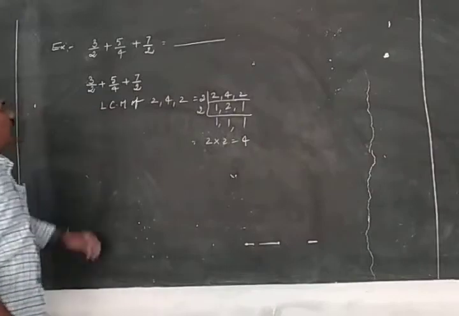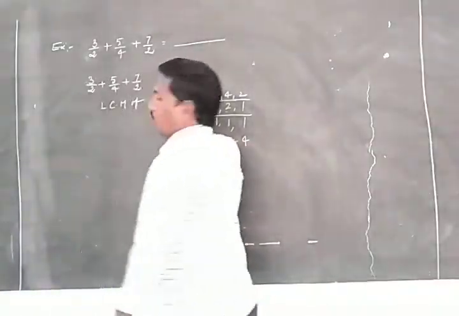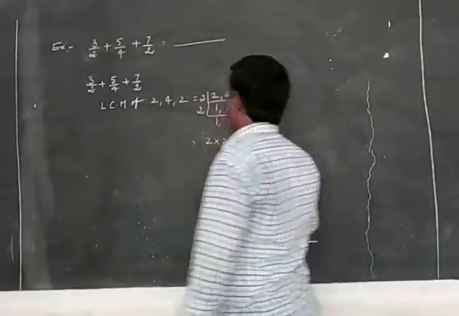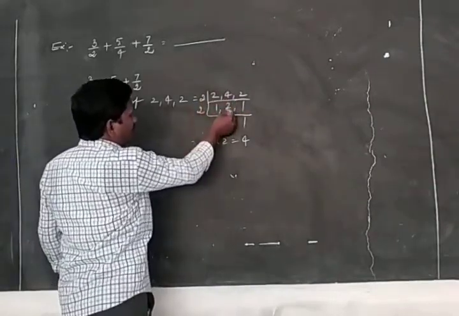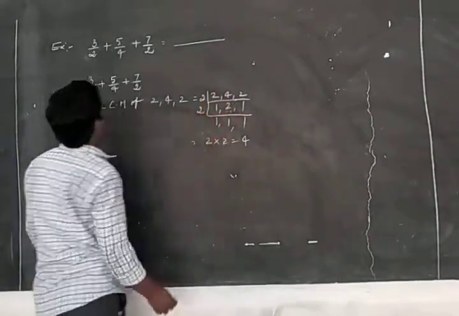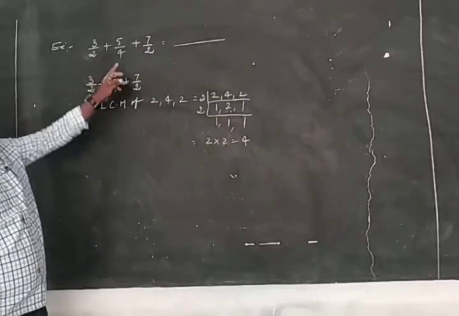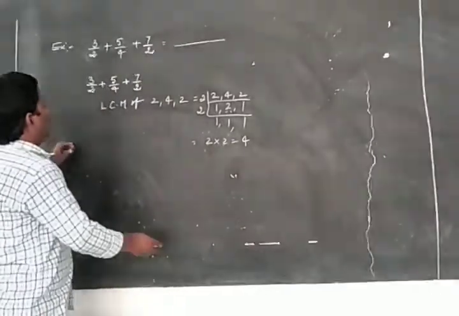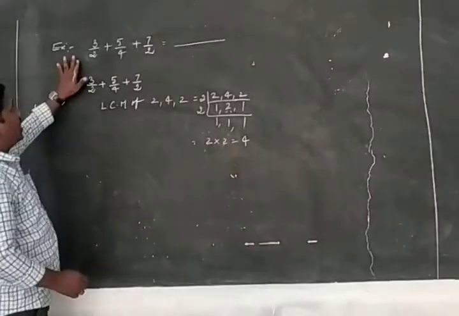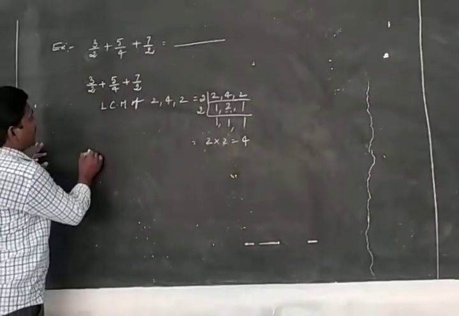The LCM of the denominators 2, 4, 2 is 4. Now all these three fractions are unlike fractions. Now change the unlike fractions into like fractions.